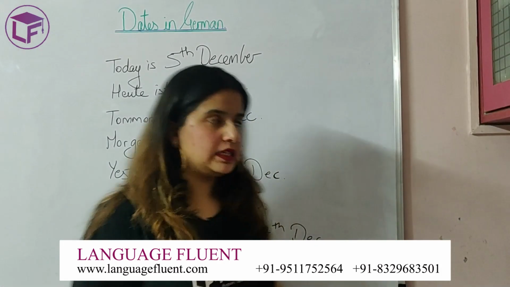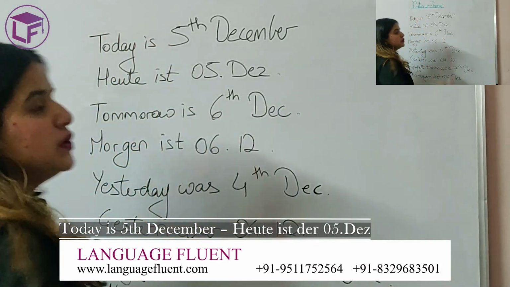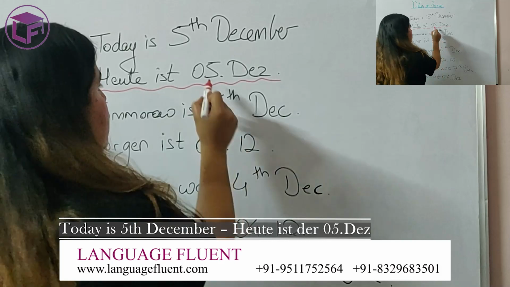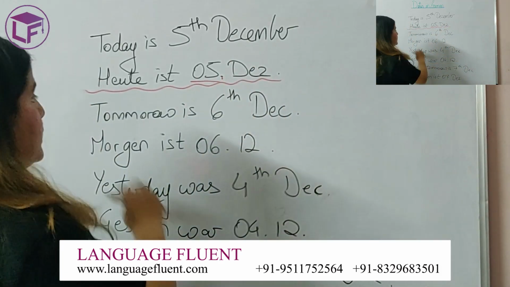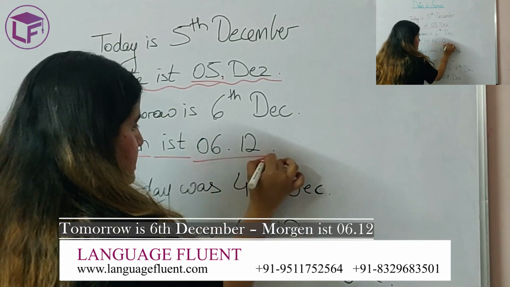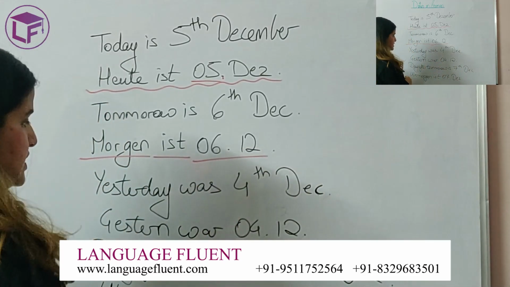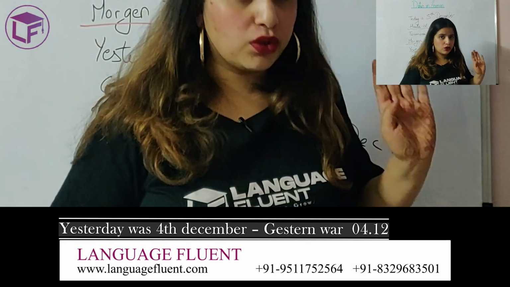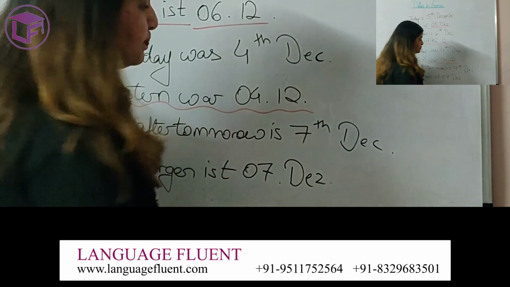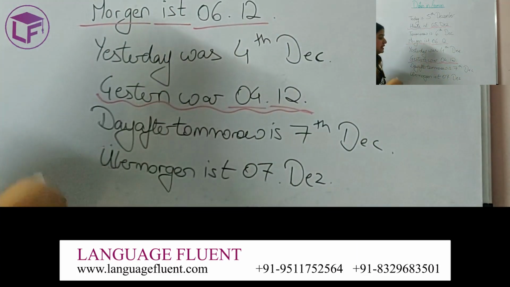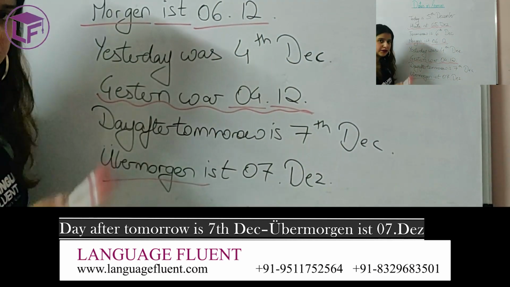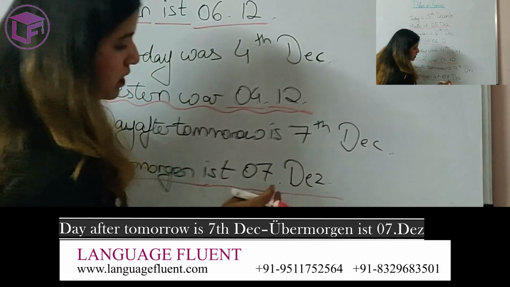Let's look at the sentences. The first one: today is 5th December. Heute ist 5. Dezember. Then tomorrow is 6th December: morgen ist 6. Dezember. Then yesterday was 4th December: gestern war 4. Dezember. Then the day after tomorrow is 7th December: übermorgen ist 7.